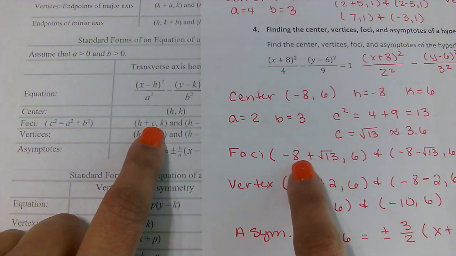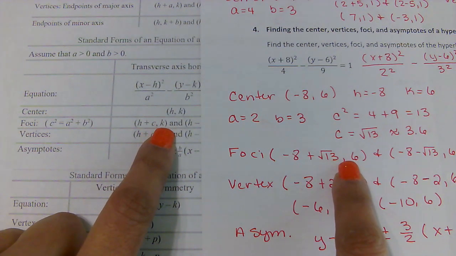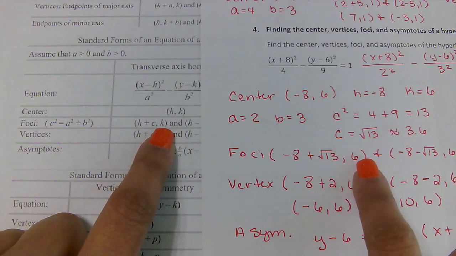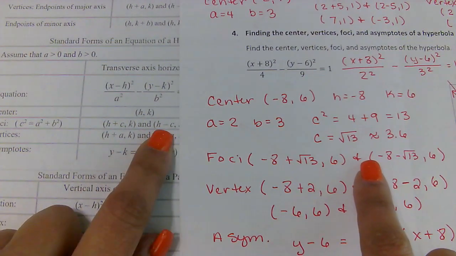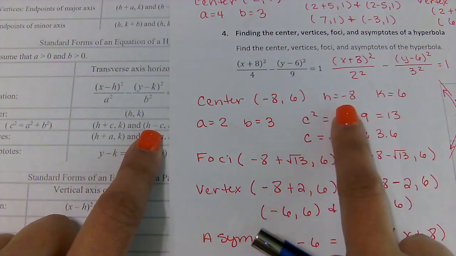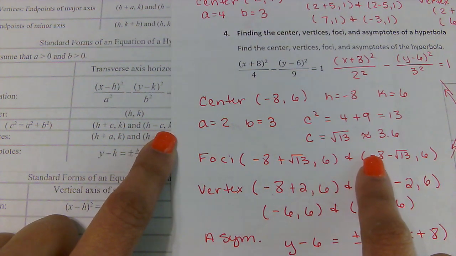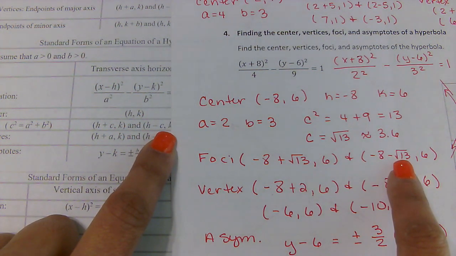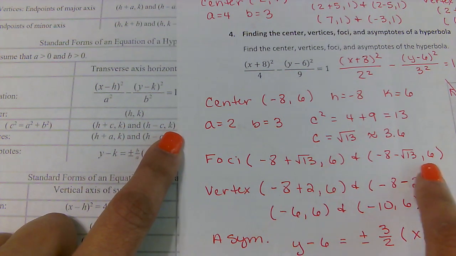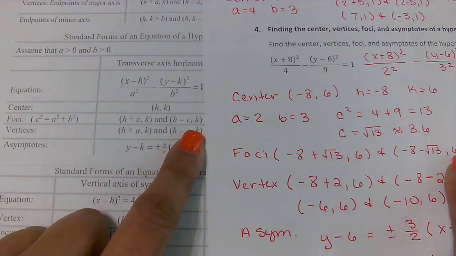So you're going to leave it in this form. Comma, k, which is 6, and h, which is again negative 8, minus c, so minus the square root of 13, comma, k, which is 6.